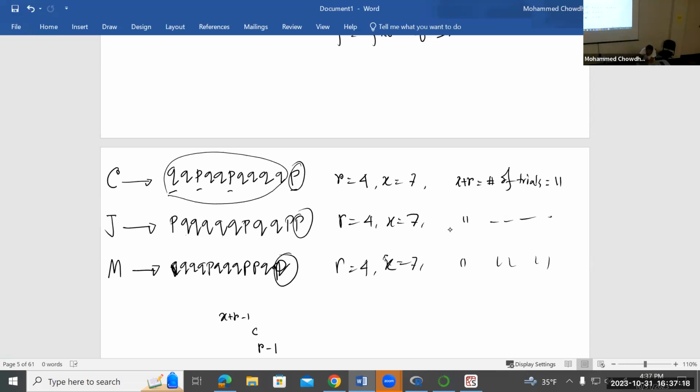This is 11 minus 1 C 4 minus 1, which can be written 10 C 3. Out of these 10 trials, how many ways could 3 successes be obtained? So that is why they have written it that way. Are you understanding?